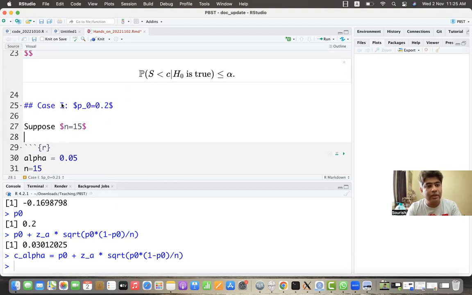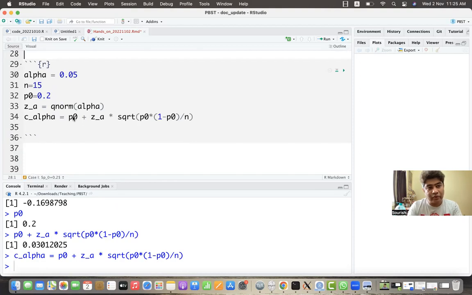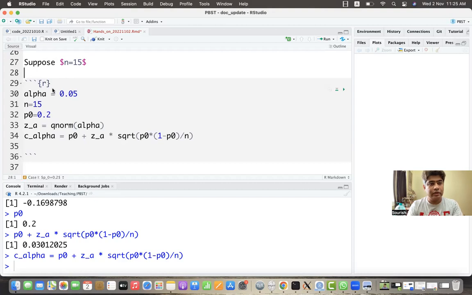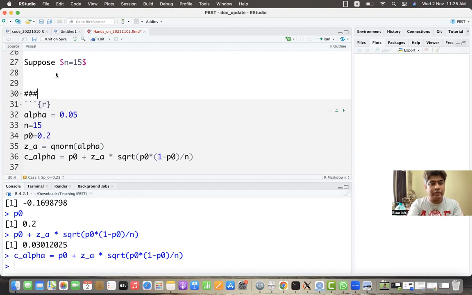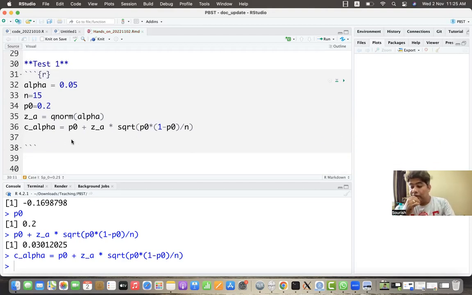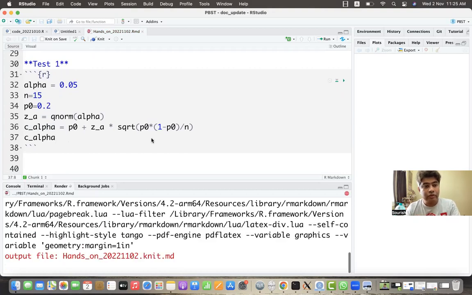Test one. This is the case when we are looking for test one. So this is fine. Now essentially, my C alpha is 0.03.